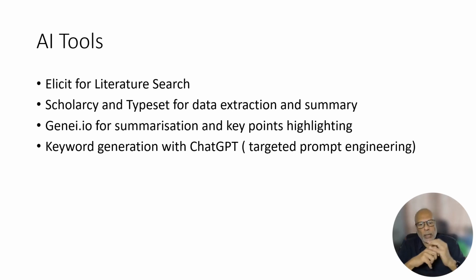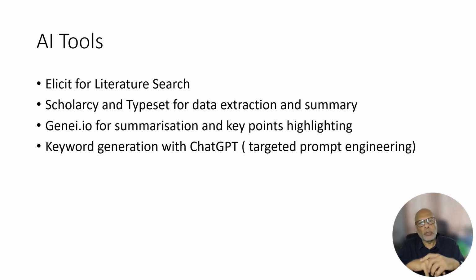Now, Genie.io is an excellent platform for summarization, and it can look through all your documents pertaining to a particular project and analyze the data and extract data for you. And then how we could use ChatGPT with the information that we've already extracted through the various prompts.